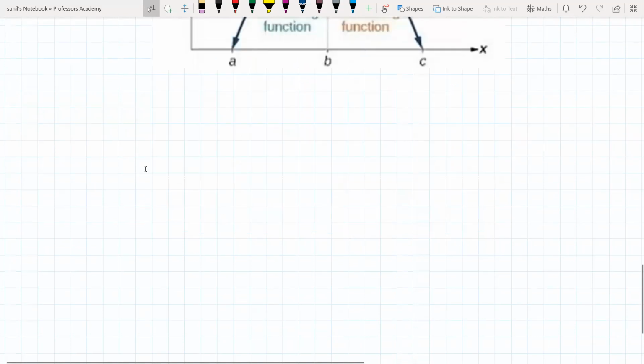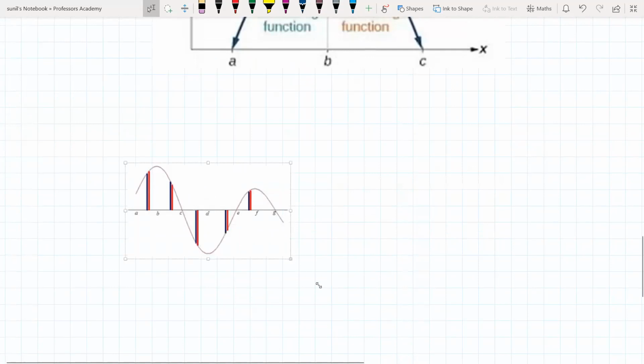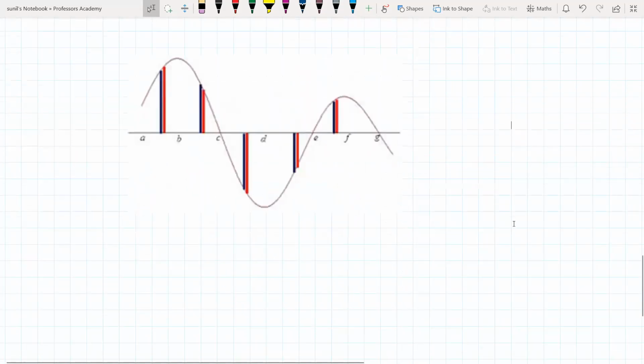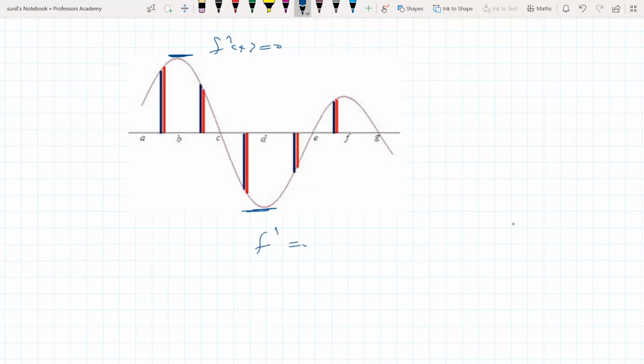For example, from this graph you can see that this is a higher value in that locality and this is the smallest value in this locality. At these points the derivative is 0. Here also the derivative is 0. So whenever the function attains a maximum or minimum value, the derivative becomes 0.